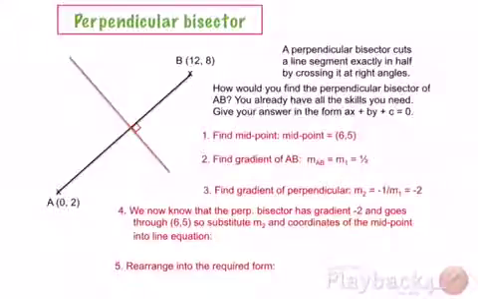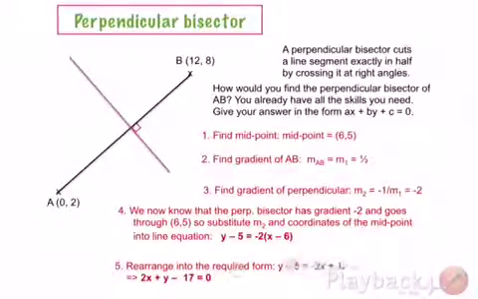Okay, so now we can work out by plugging our gradient and our coordinates into the equation. So y minus 5, because y1 is 5, is equal to -2, which is my gradient, times x minus 6, because 6 is my x1. Then I rearrange it in the form ax plus by plus c is equal to 0.